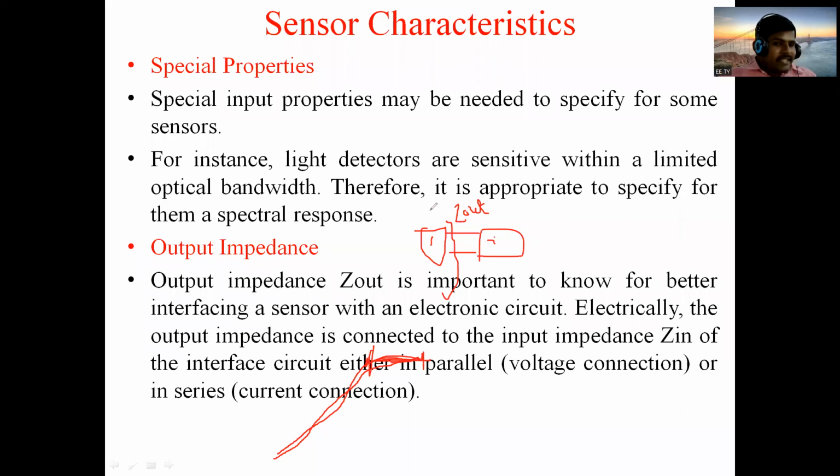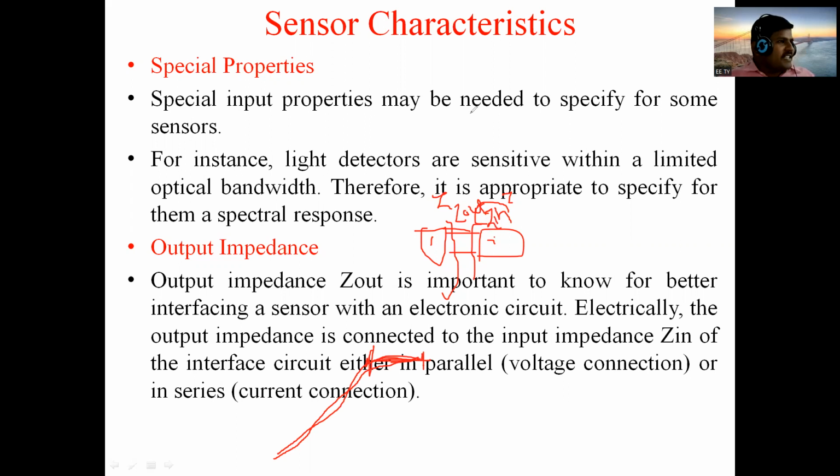There is an electrical connection between the output of the sensor and the input side of the interface circuitry, so there is a relation between Z out and the input impedance of the interface circuit. Either these two are connected in series, or in parallel.